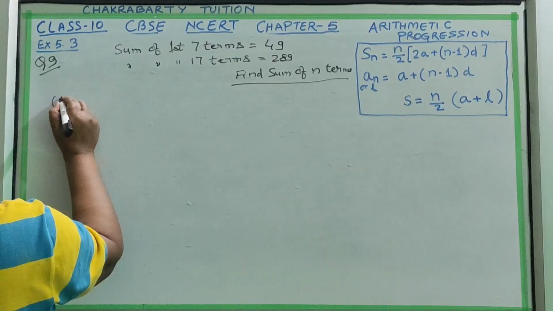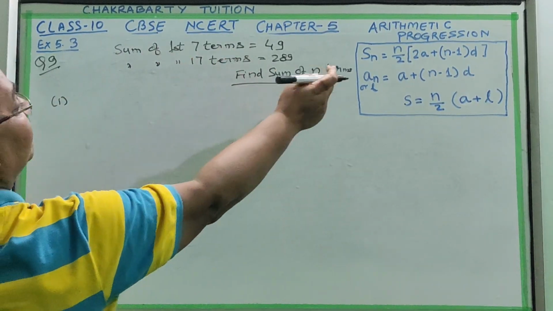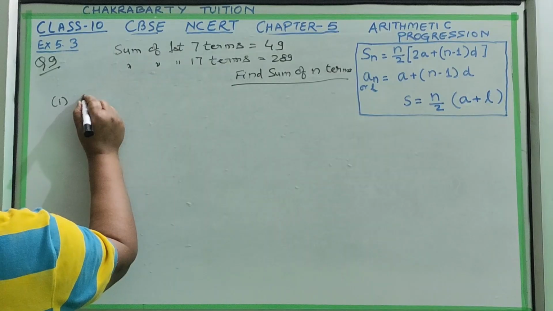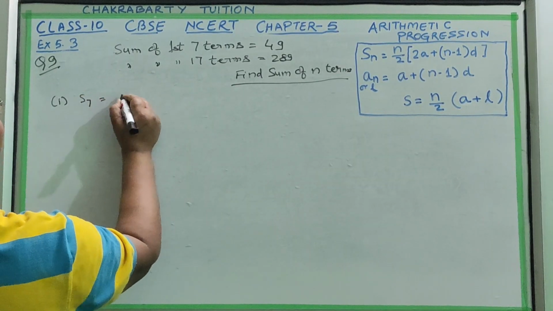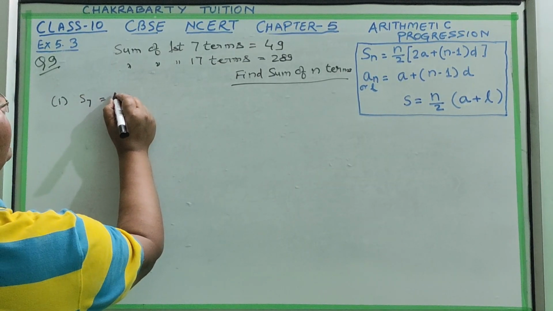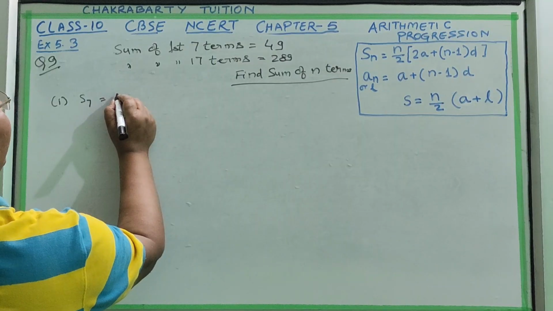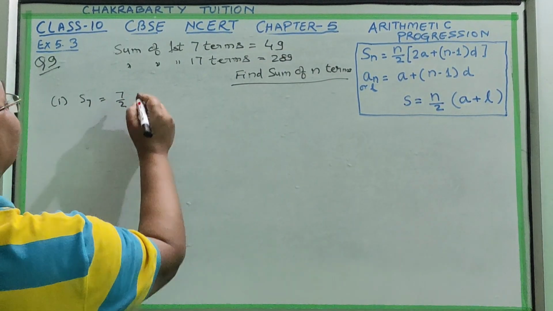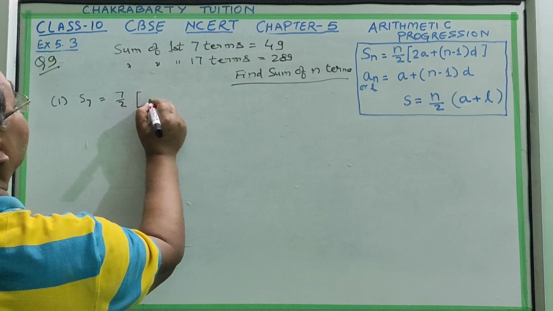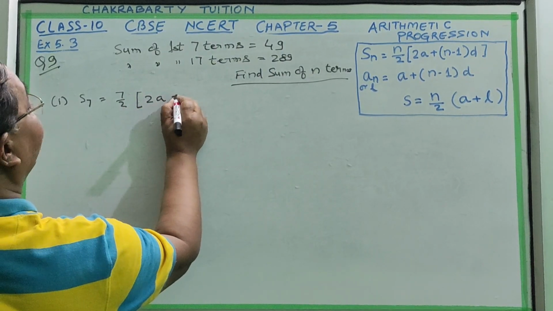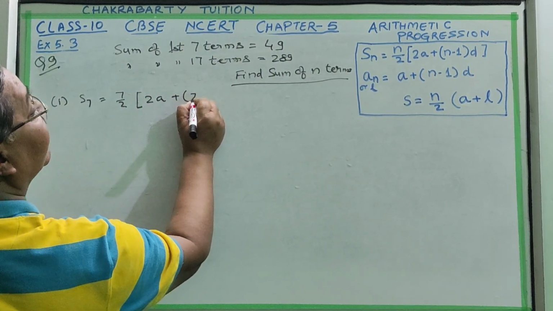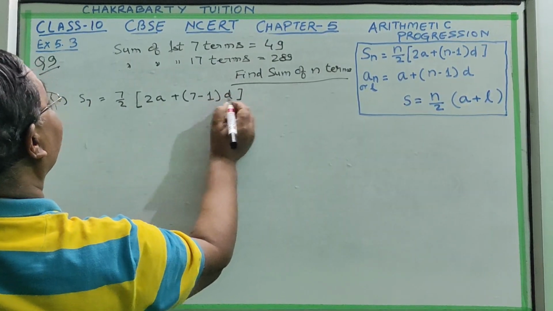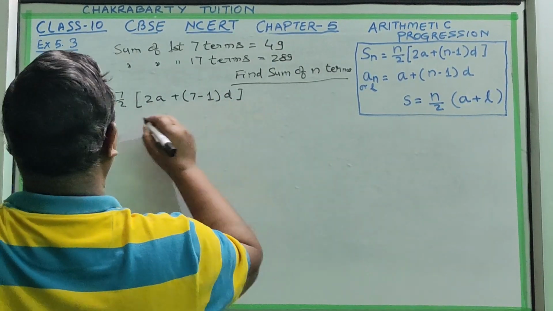So for the sum of first 7 terms, I am not writing the formula, just doing the question. S7 is equal to, we will take 7 by 2, then 2a plus (7 minus 1) d. So this is one equation.